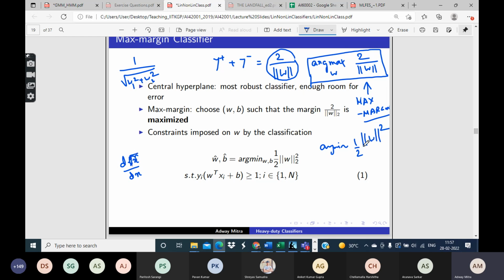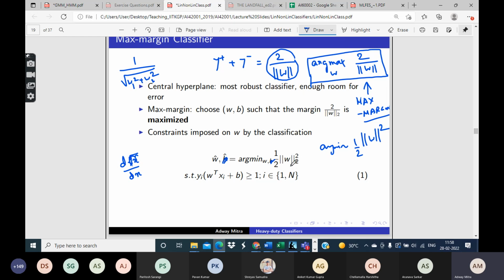The results are not going to change. So your max margin formulation has now become like this. You have to find that W, forget the B, for which this quantity is minimized. Either this quantity is maximized or analogously this quantity is minimized.